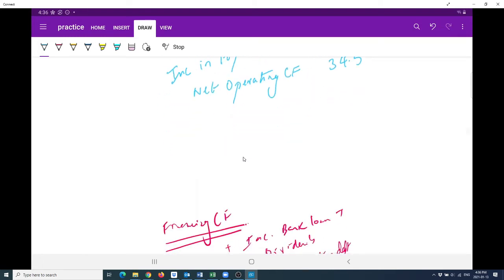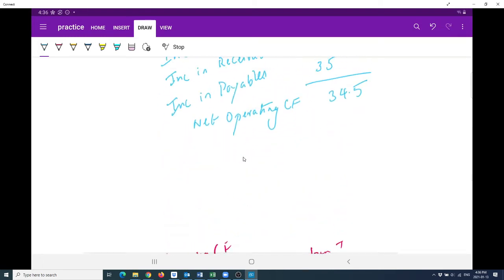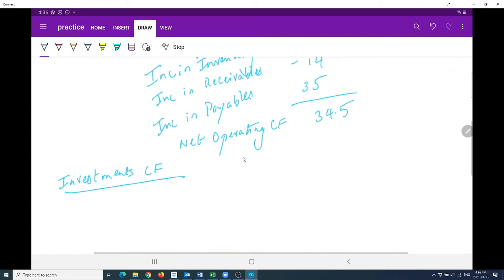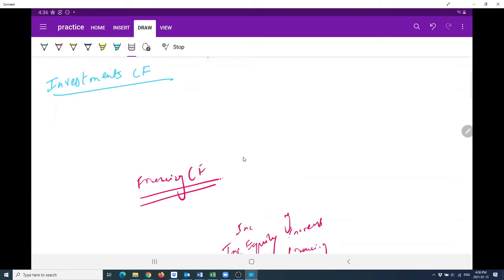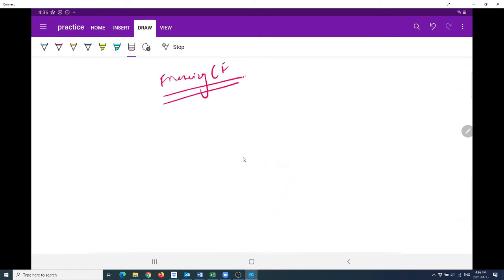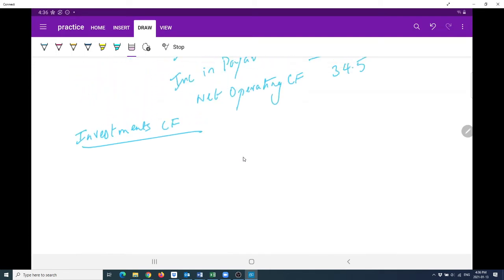Next we can move on to the investments cash flow. I already have some earlier things written down over here from another problem. So for investments cash flow, let's look at the balance sheet.